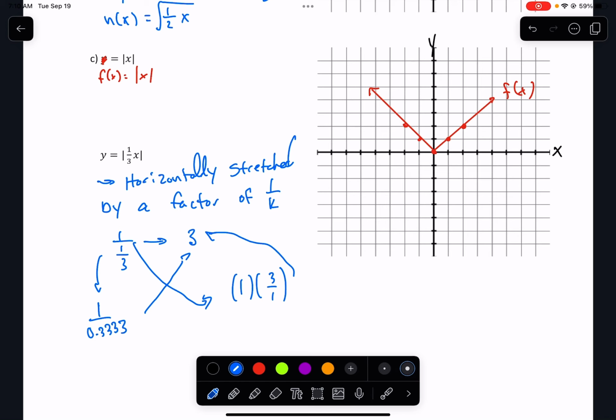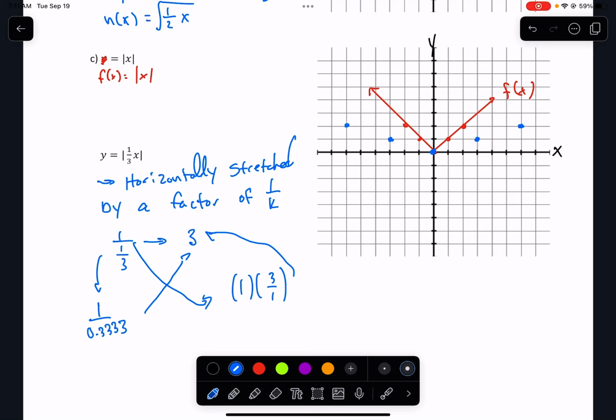Okay, so we're horizontally stretching this graph. So again, 0 is not going to go anywhere, but if we're 1 unit away in the x direction, it's going to go to 3. And if we were 2, it's going to go to 6. Okay, and because it's symmetrical about the y-axis, same thing happens on this side. To 3. And 2 goes to 6.